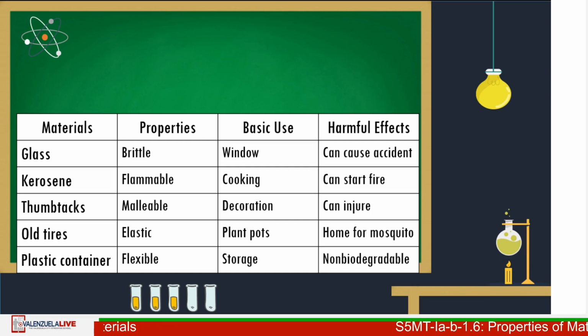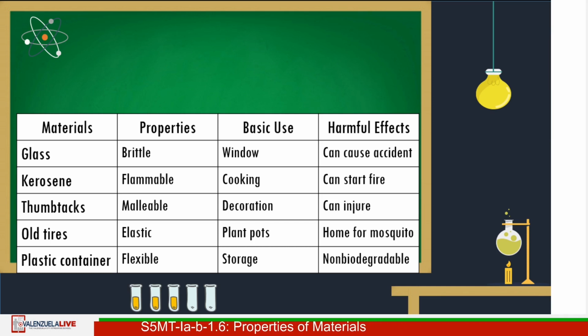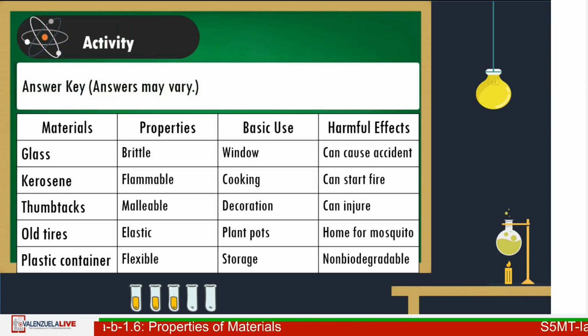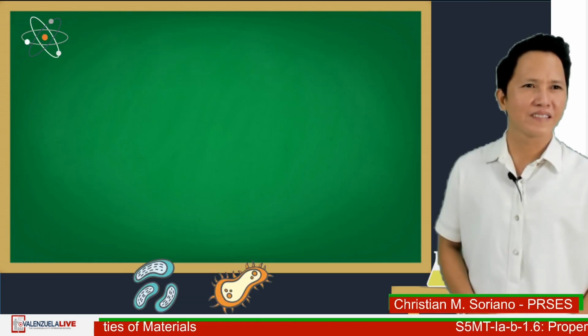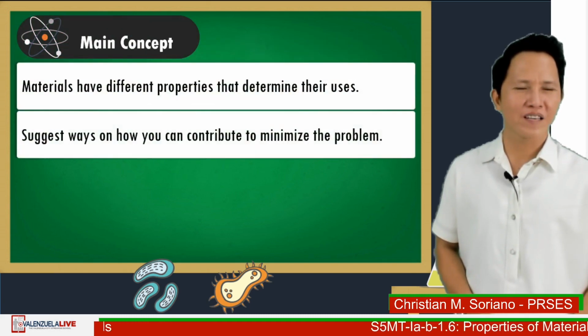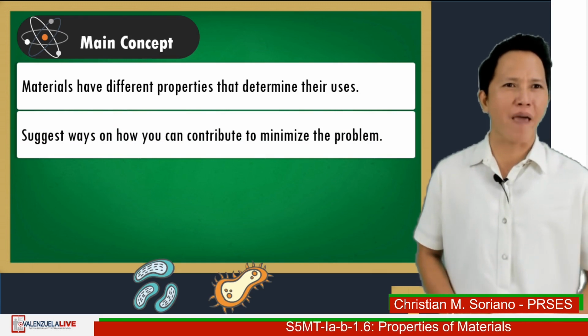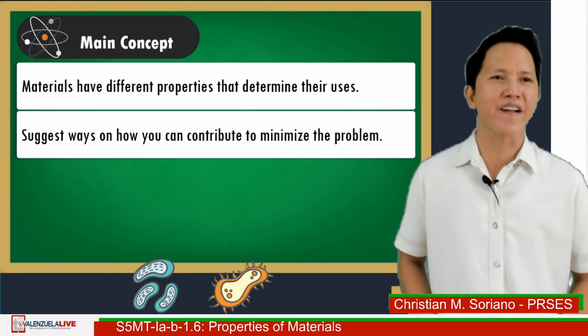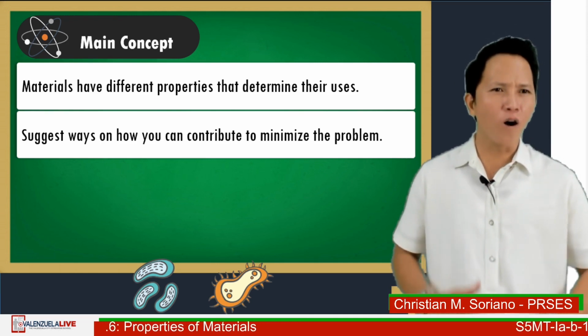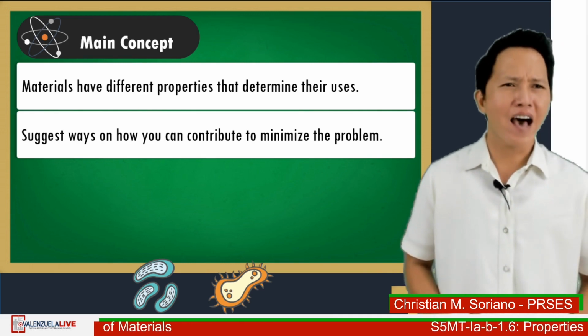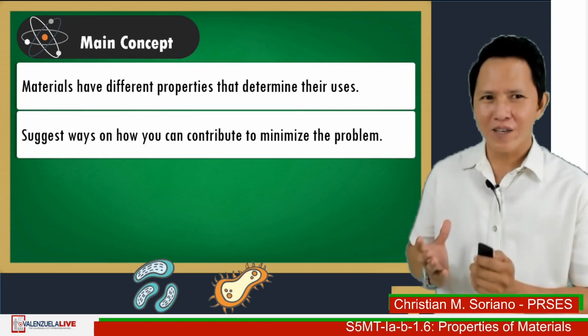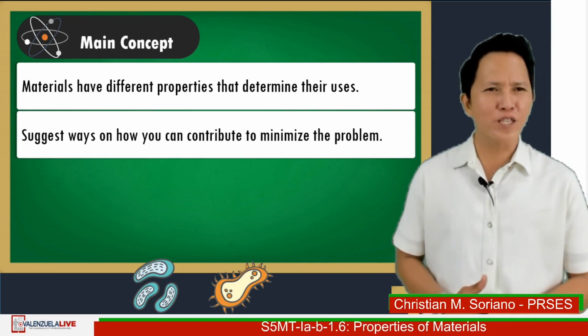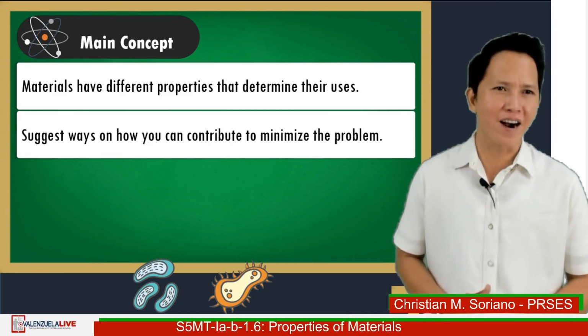Okay, I hope you have answered this short activity and let us have the main concept of this lesson. Now, in this lesson, I expect that you have learned that materials have different properties that determine their uses. Of course, all the household materials that we have their own useful use, and some, once being disposed, can end up being harmful.